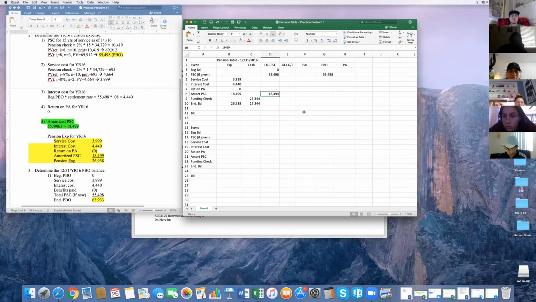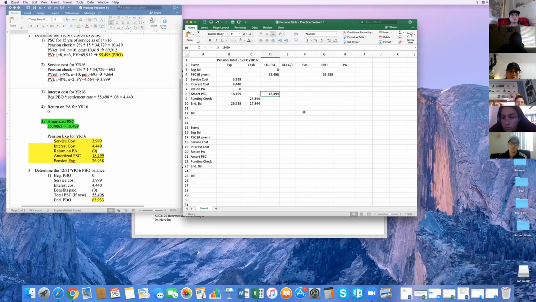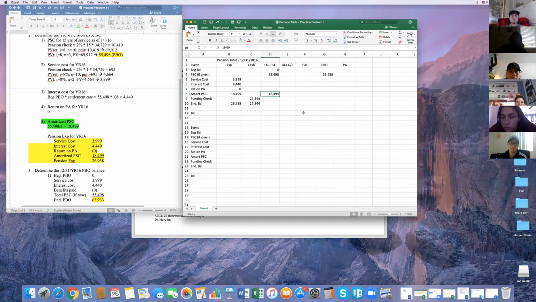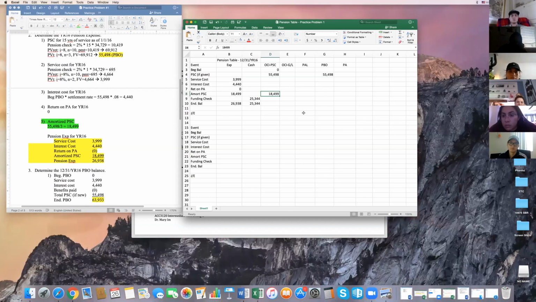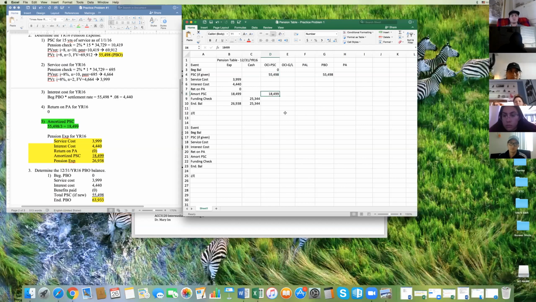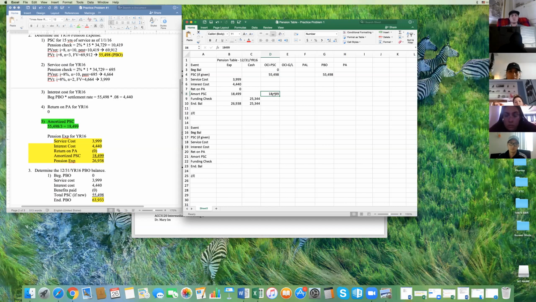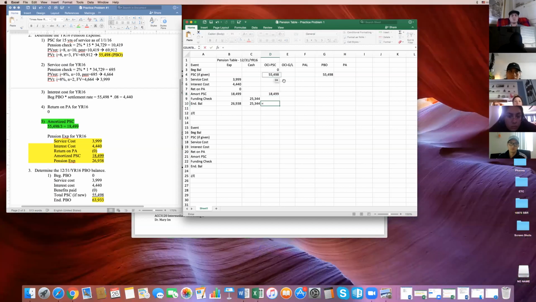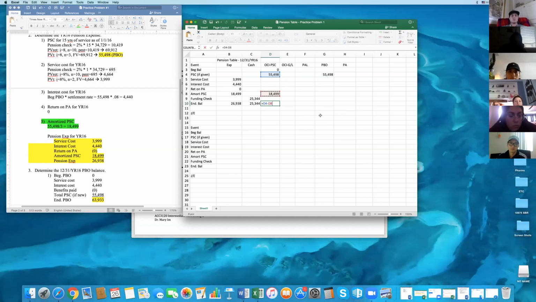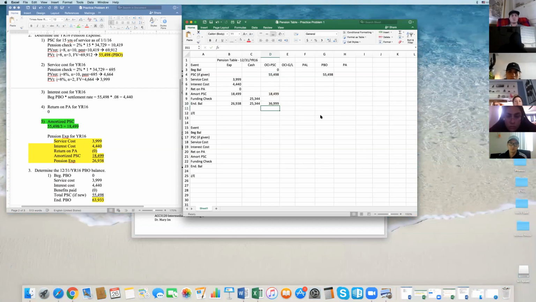We decrease it by $18,499 for this period, for year 16. Are we good? So this is a debit balance, and then we credit the amortized prior service cost by $18,499. Our ending balance becomes this minus this. Unamortized OCI is reduced down to $36,999.